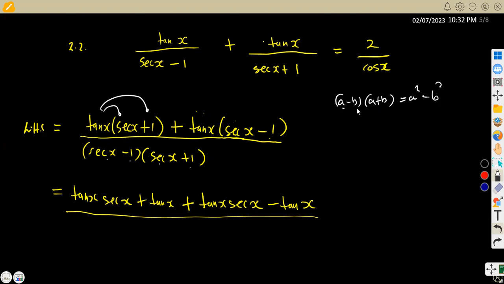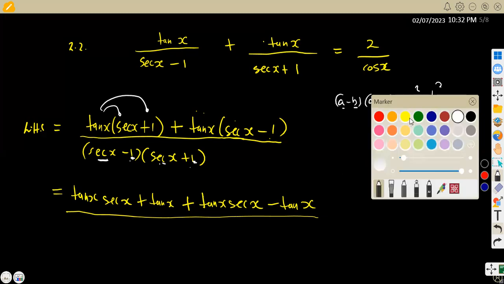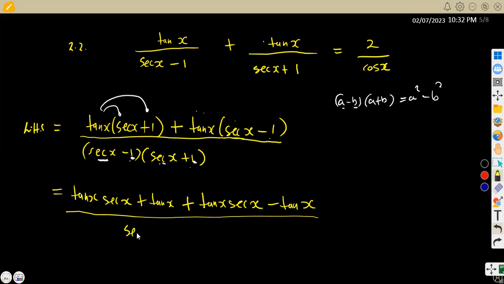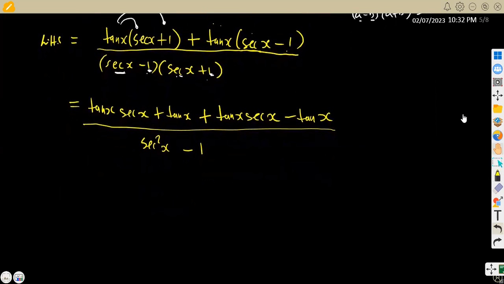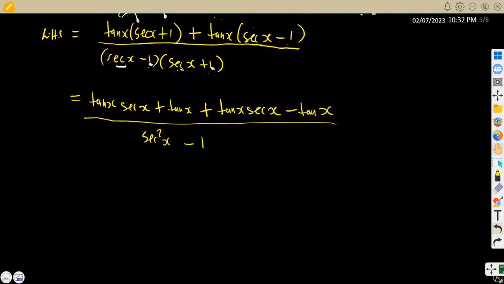So we square sec, and we also square 1. So we're going to have sec squared x minus 1, since 1 squared is 1. Or you can expand the brackets as normal, but let's apply our identities to minimize these calculations.